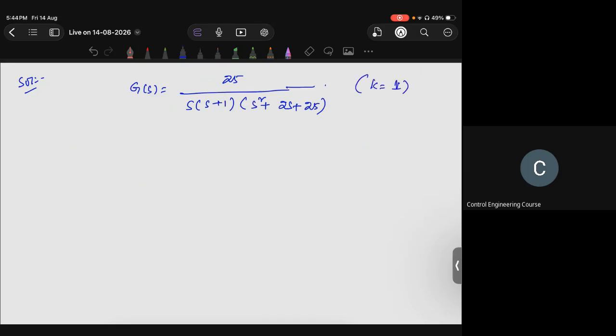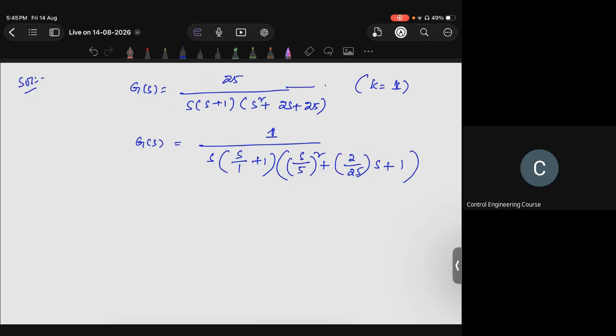If you take 25 common, I can write it as 1 by s multiplied by (s plus 1) multiplied by ((s by 5) whole squared plus (2 by 25) s plus 1). Hope this is clear. You take 25 common in both the things. Are there any doubts?